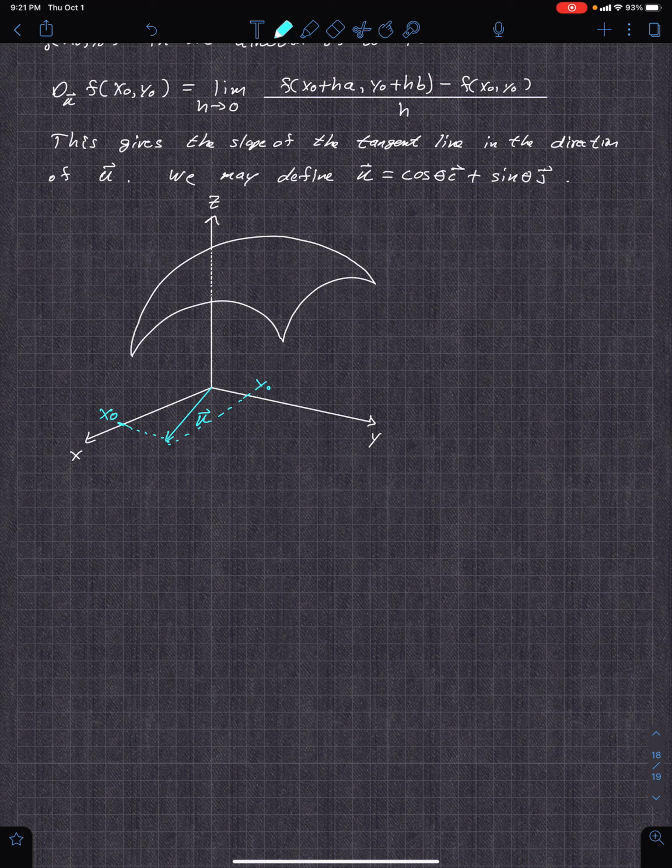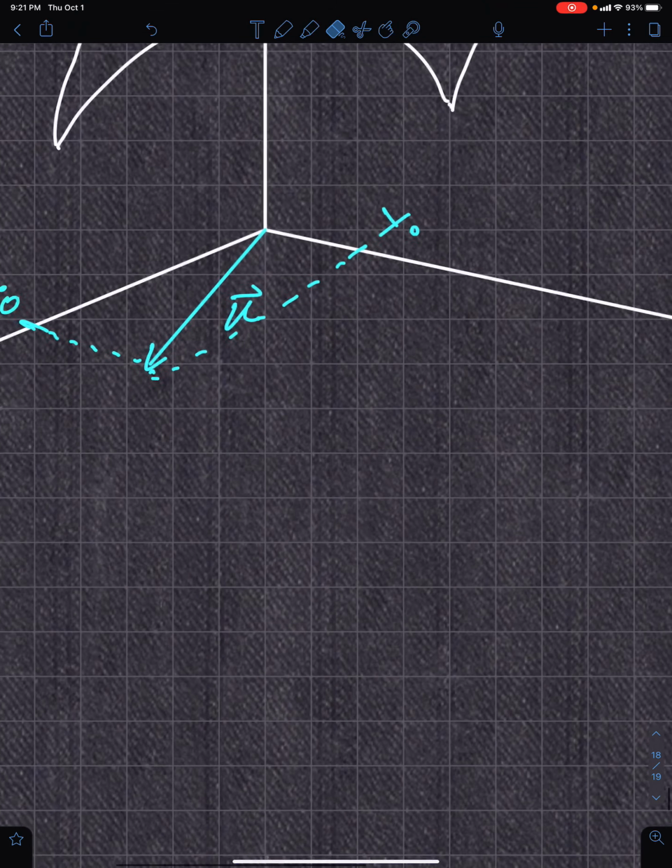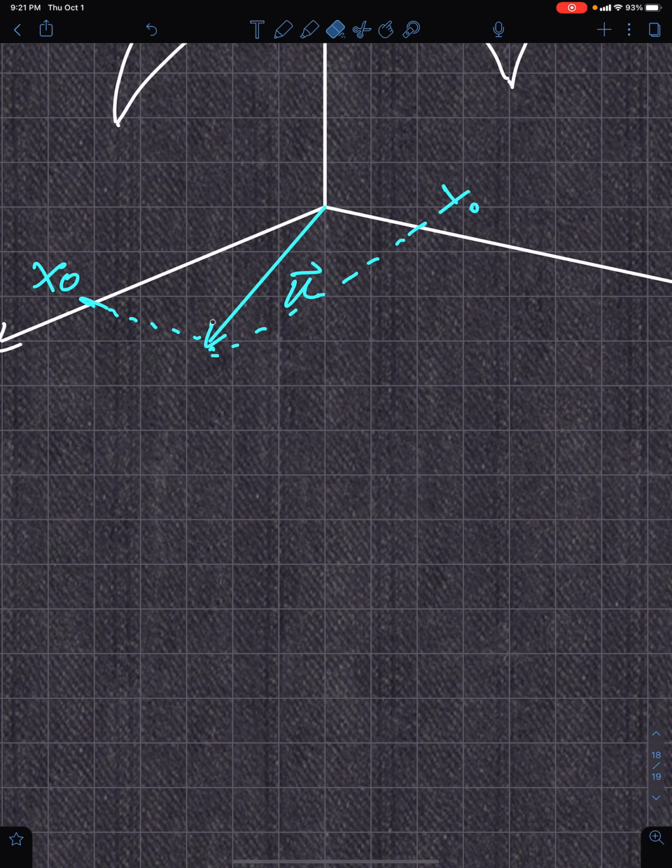Like that. Actually, it doesn't have to be x naught and y naught, you have to be on the graph, but the u could be different. So let me expand that out. So your u, let's just say this kept going, be easier to draw it that way. I drew it as if it hit the point, but it doesn't have to. Okay, so your u is a unit vector, but it has to look something like that.